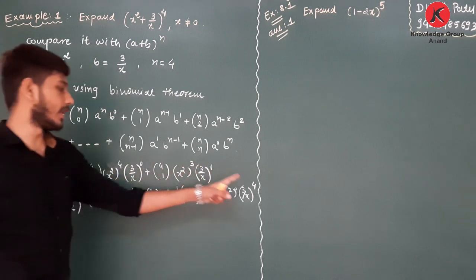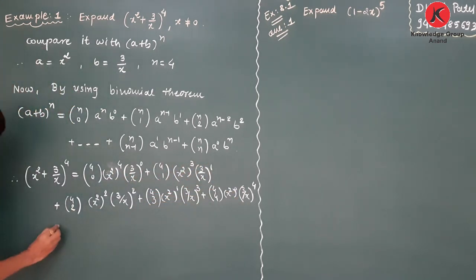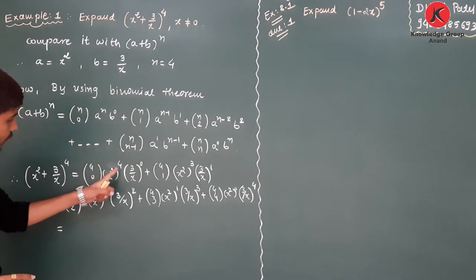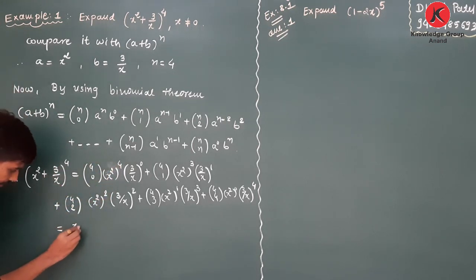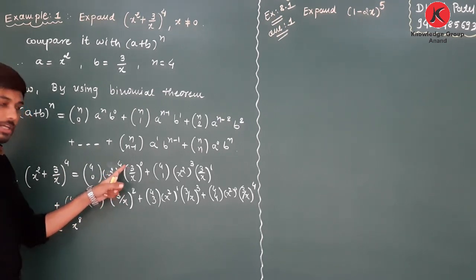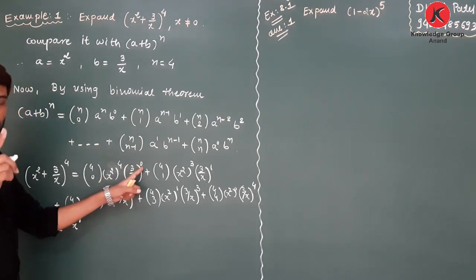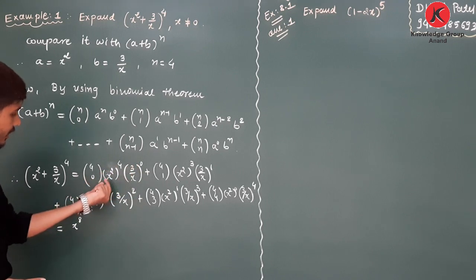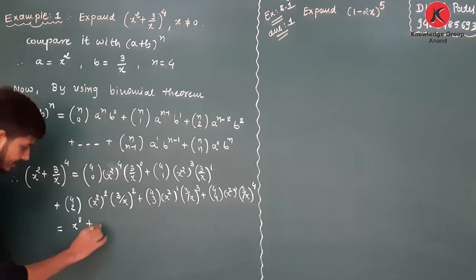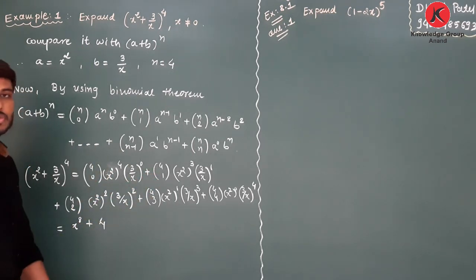Now simplify this. We are getting 4C0, answer is 1. (x^2)^4 answer is x^8. (3/x)^0 answer is 1. 1 into x^8, that means x^8, plus 4C1, answer of 4C1 is 4.